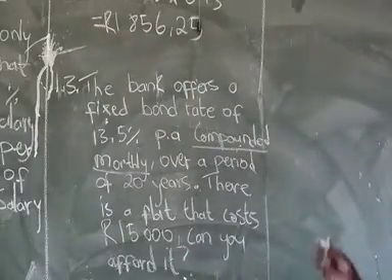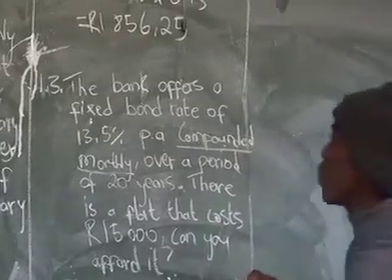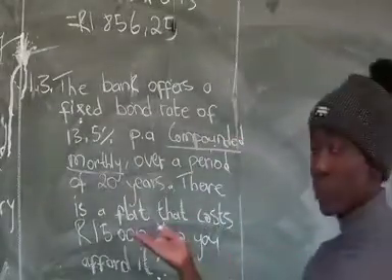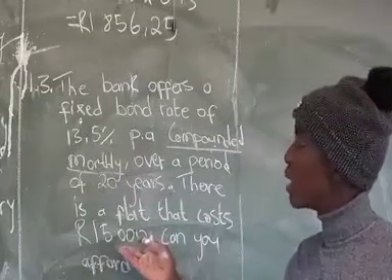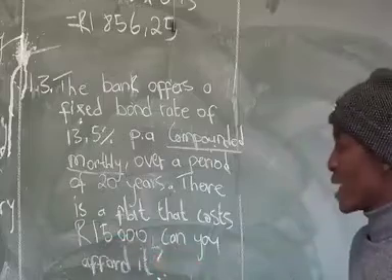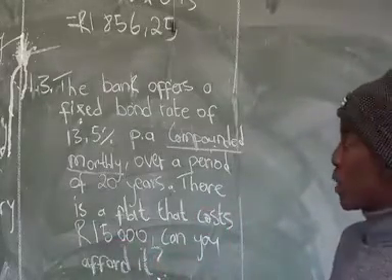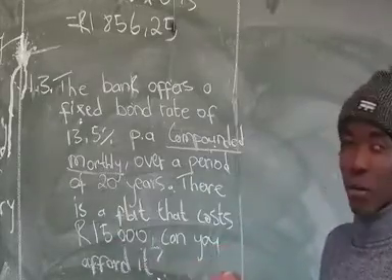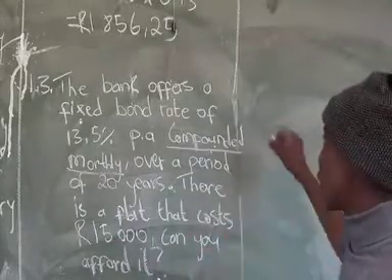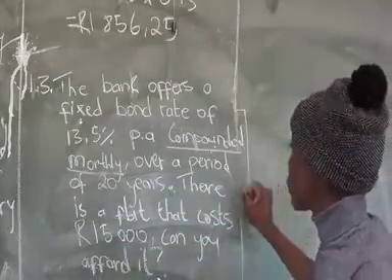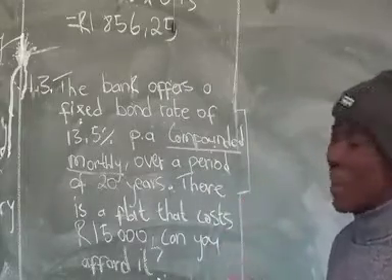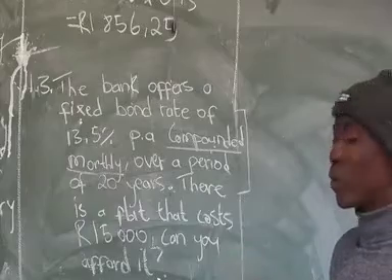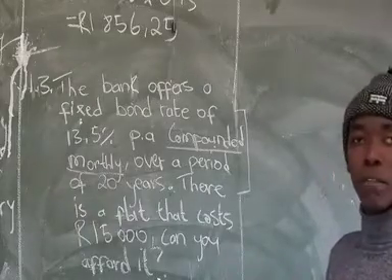You must decide whether you can afford it, but you cannot just decide between afford or not afford; you must prove or show this by calculations. Also remember that at the end you must decide whether this person is going to be able to afford this flat or not.